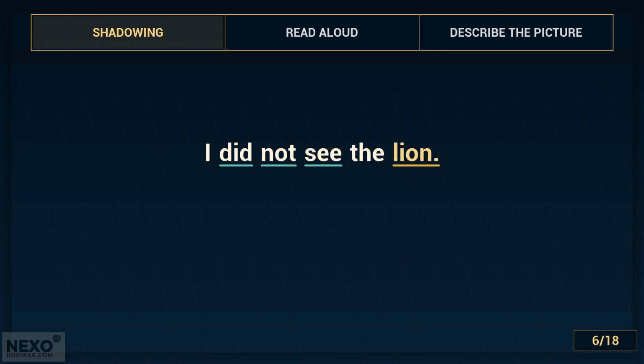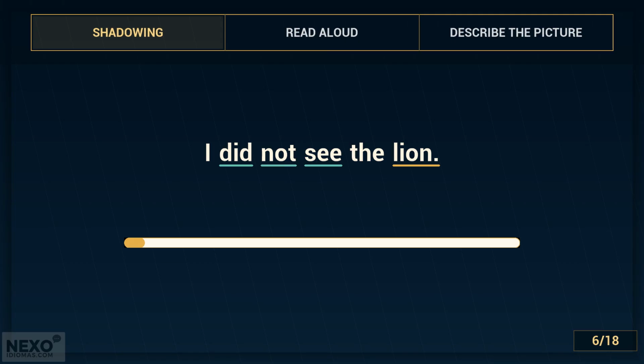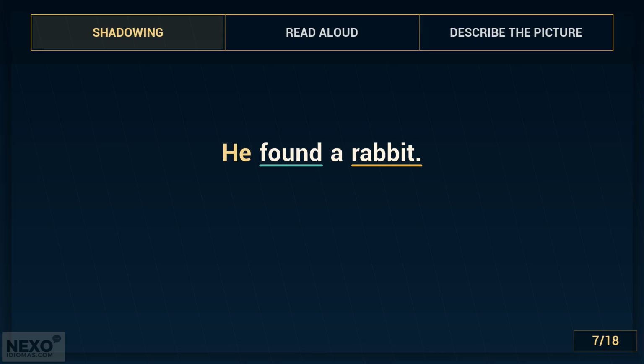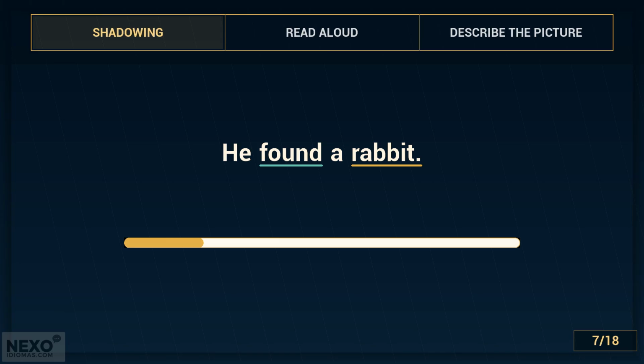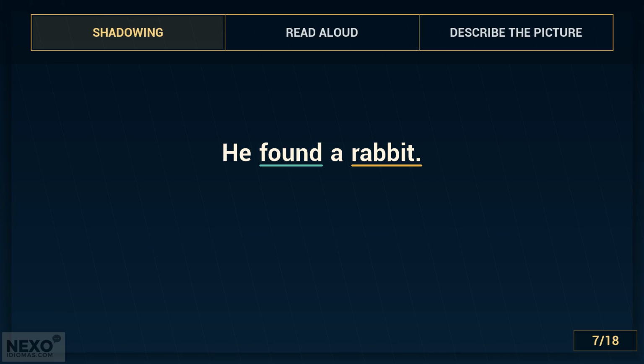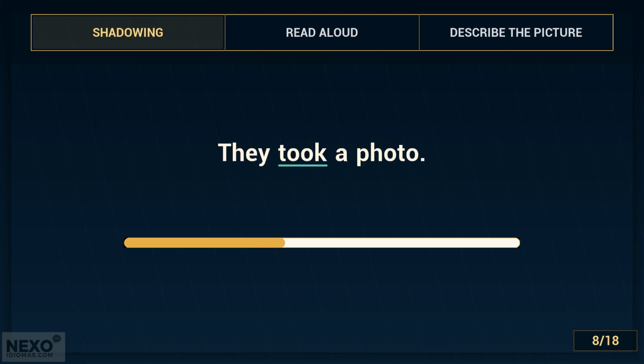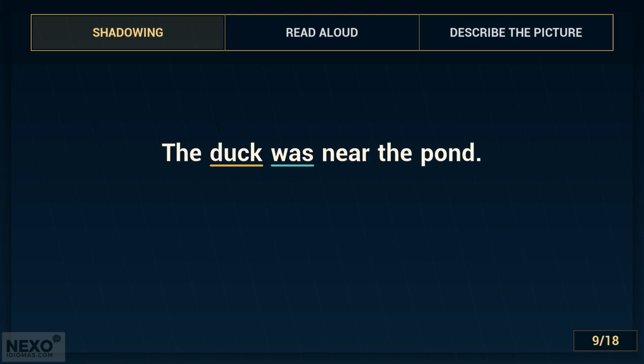I did not see the lion. He found a rabbit. They took a photo. The duck was near the pond.